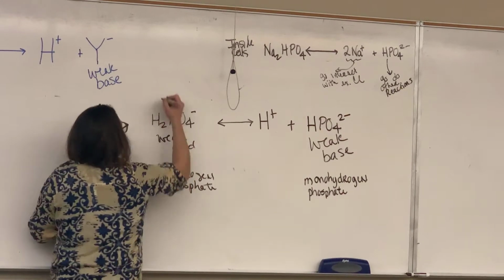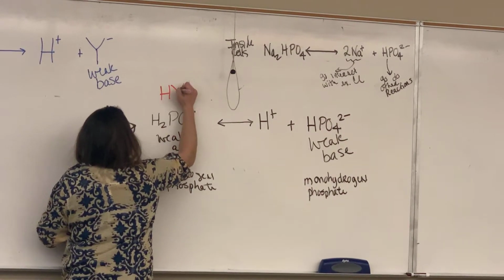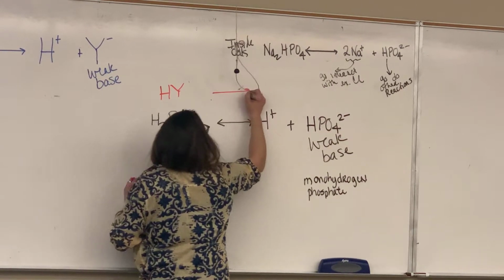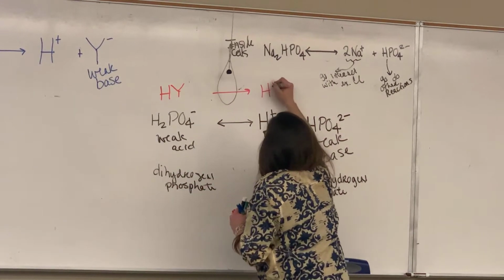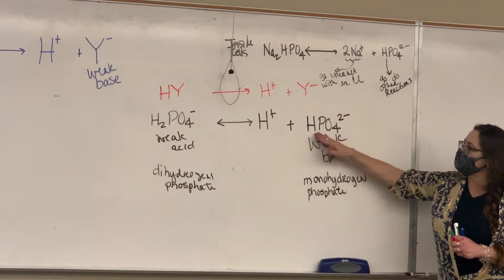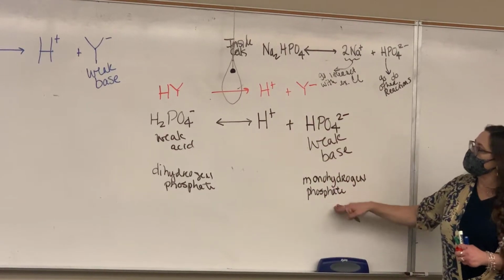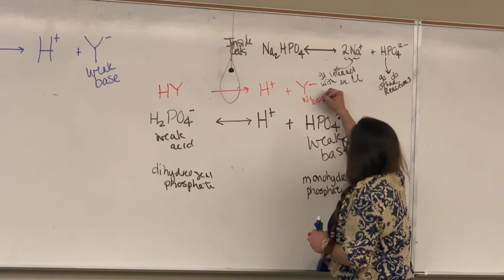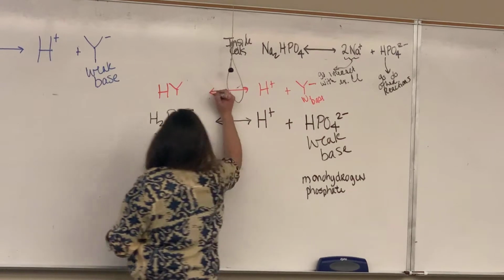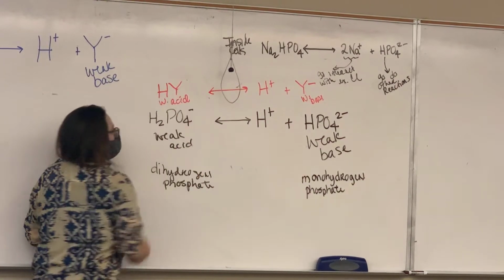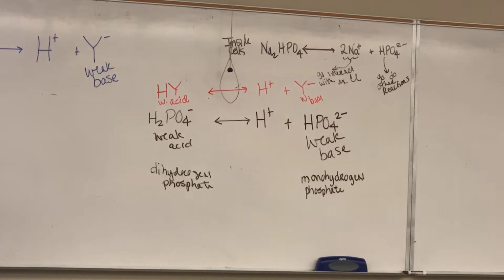Our dihydrogen phosphate would be our HY, acts as a weak acid, can release hydrogen ions plus the anion. In this case, the anion is monohydrogen phosphate, which can act as a weak base, absorbing hydrogens to form this, our weak acid. So that's just our equation right there.